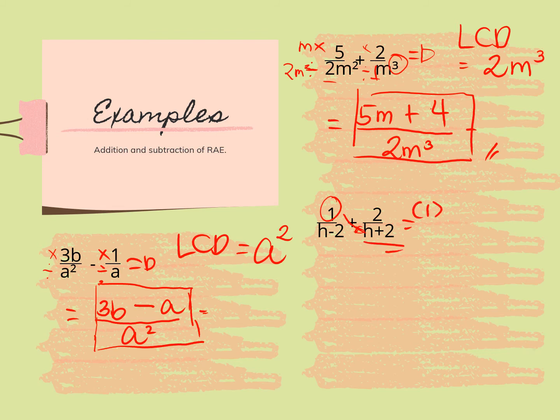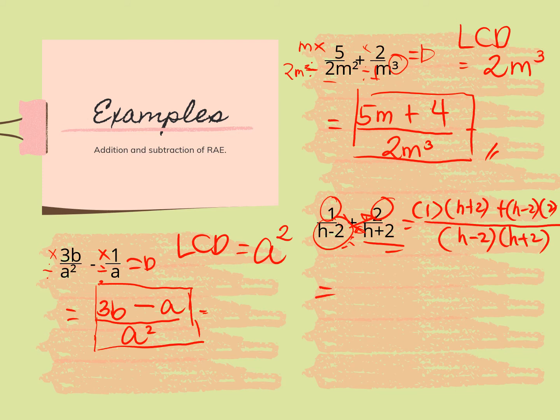So, that will be 1 times h plus 2. Then, copy the operation plus. Yung denominator sa numerator ng pangalawa, so you will have h minus 2 times 2. All over, edi yung product ng dalawang to, h minus 2 times h plus 2.